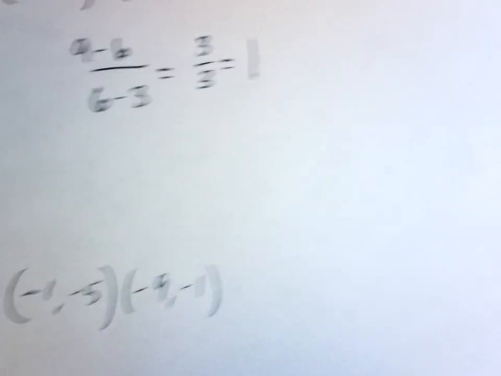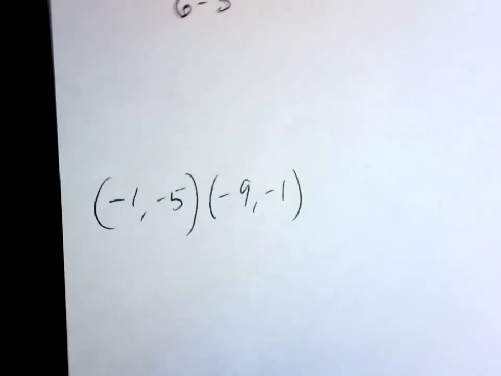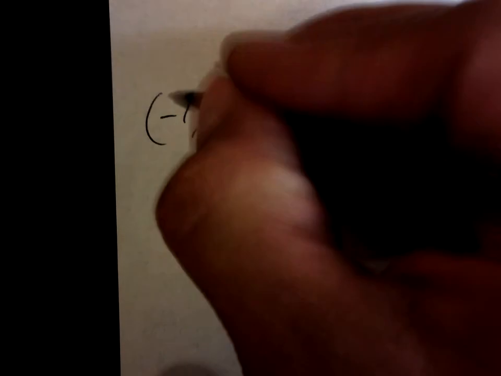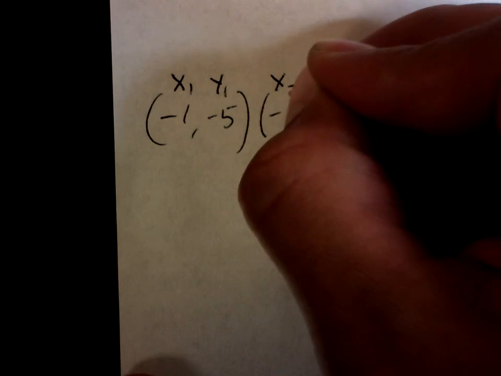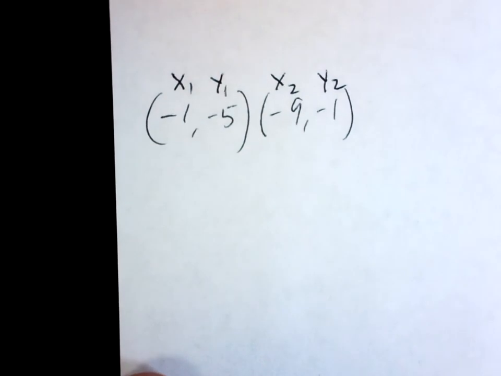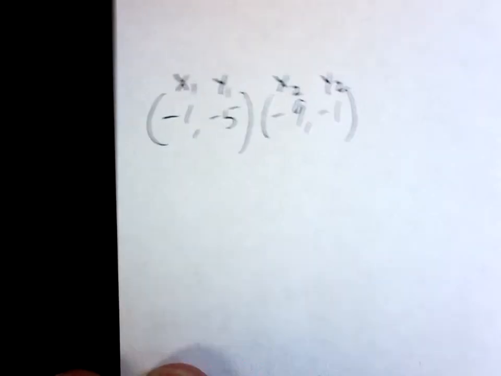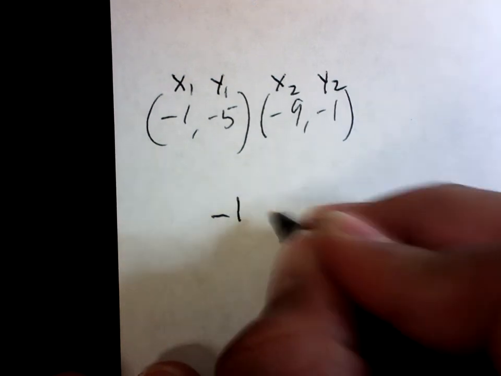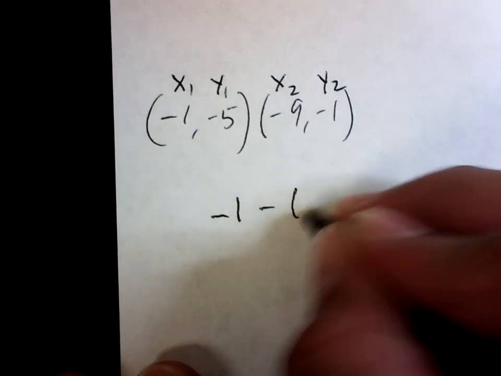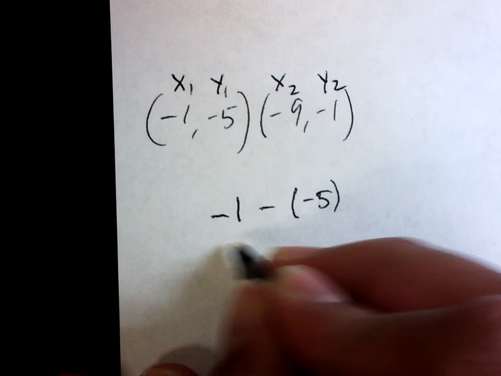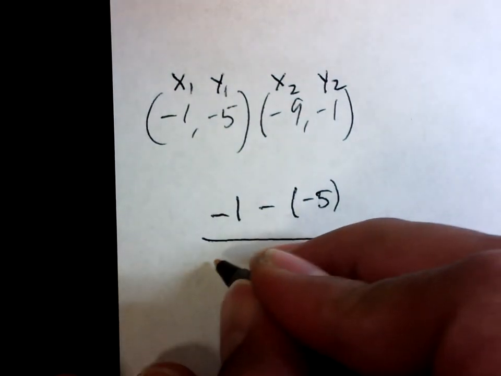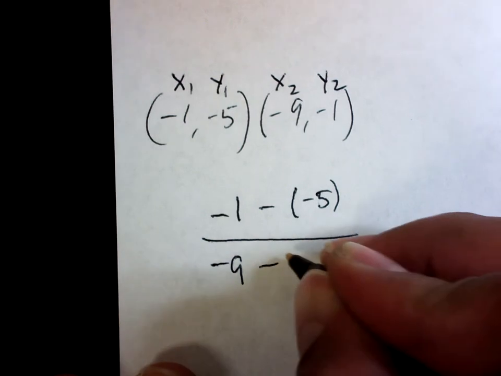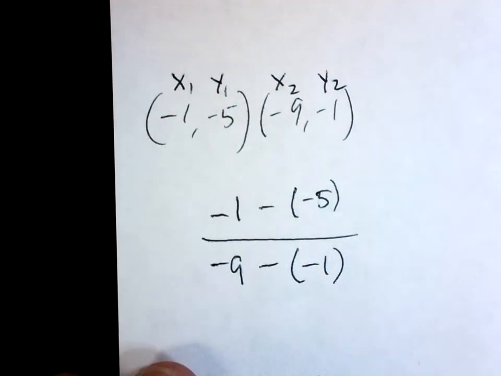One more example with a whole bunch of negatives this time. Okay, so I'll call this point 1, x1, y1. Call this point 2, x2, y2. Plug into the formula. It says y2 goes on top, negative 1, minus y1, which is negative 5. On the bottom it says x2, which is negative 9, minus x1, which is negative 1.